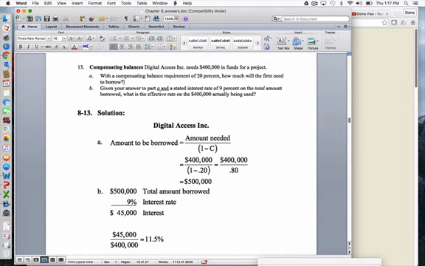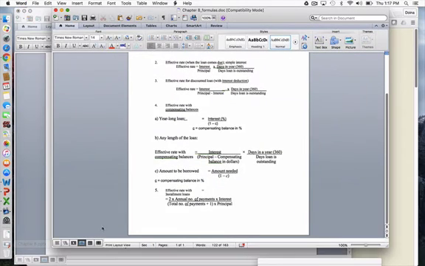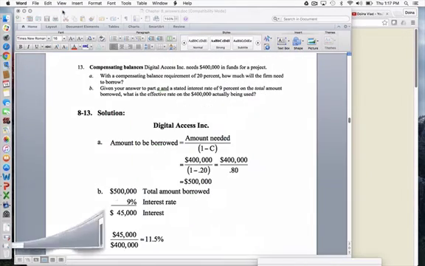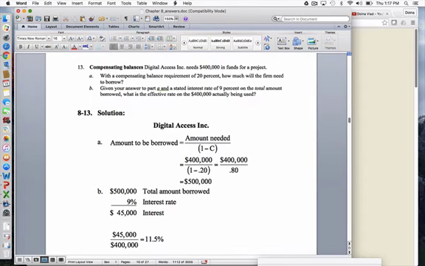They don't have the money required for compensating balance, so they'll have to borrow more. So amount to be borrowed, that's the formula here: amount you need in dollars, divided by 1 minus compensating balance in percentage. So you need 400,000 divided by 1 minus 0.20. So you have to borrow 500,000, put aside 100,000, and then use 400,000.